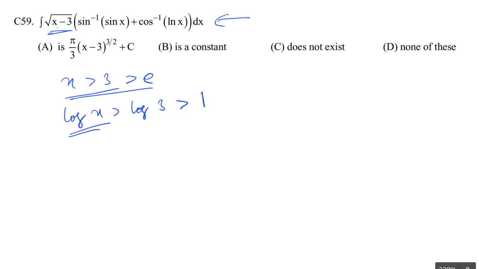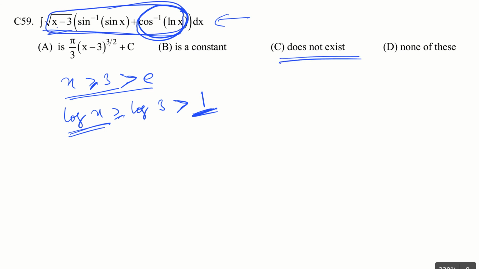That means I'll get log x is greater than 1, which is, okay, here though you have equal to there, but here I'm having strict inequality. So log x is greater than 1, therefore this is not defined for those x. So there is no x satisfying this one. Therefore such an integral does not exist at all.